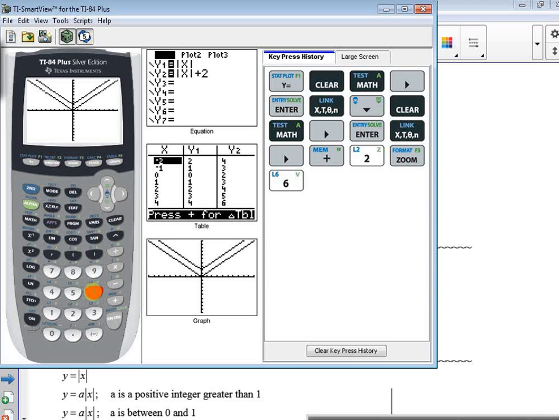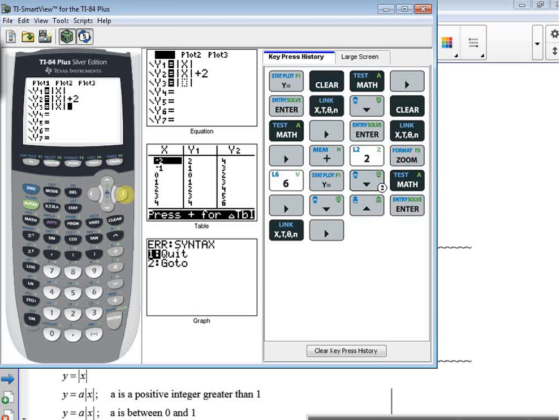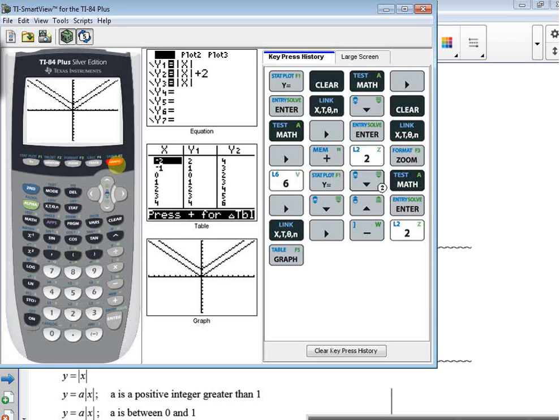And you should notice that it raises up 2. So that's a transformation of functions from the absolute value. And if I now go in and type math num absolute value of x minus 2 and hit graph, we should see one that's going down 2.